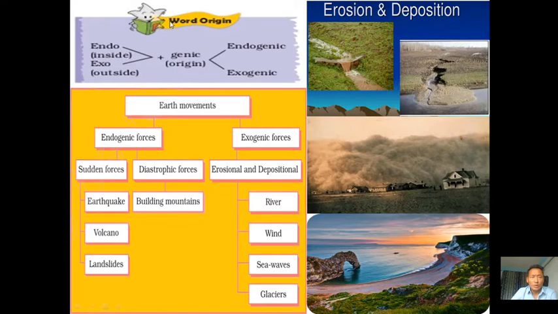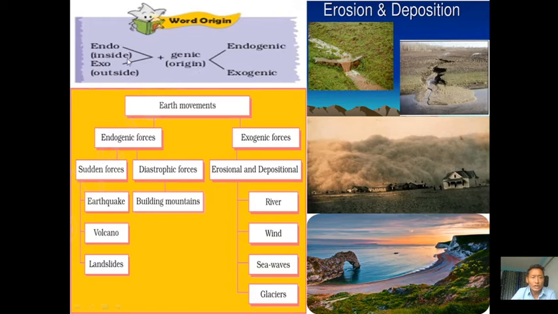So here we are going to learn about the origin of both endogenic and exogenic forces. The words endogenic and exogenic originate from Greek. Endo means inside, exo means outside. So inside our Earth and outside of our Earth. Genic means origin.